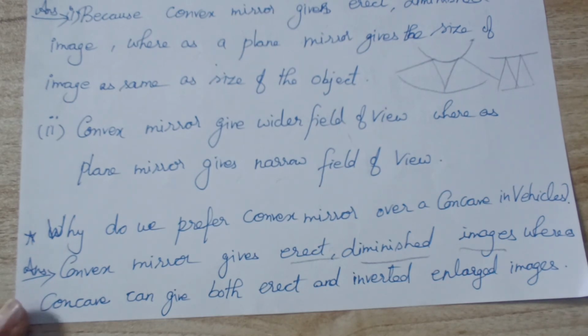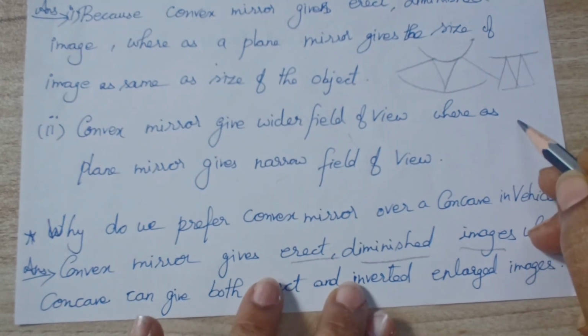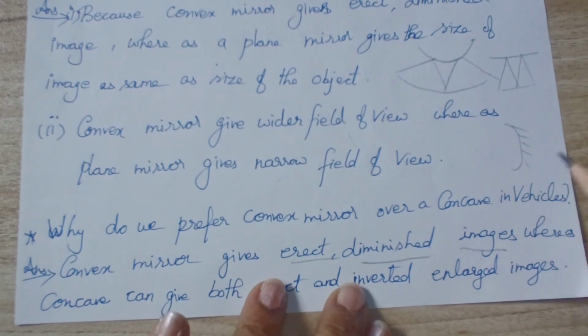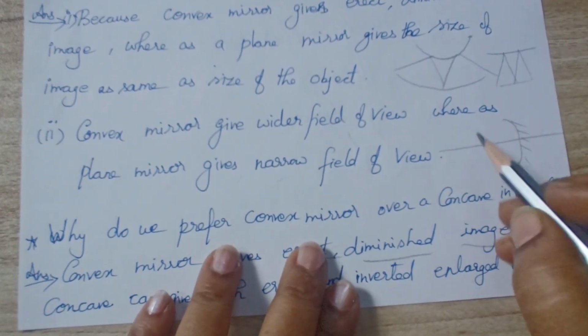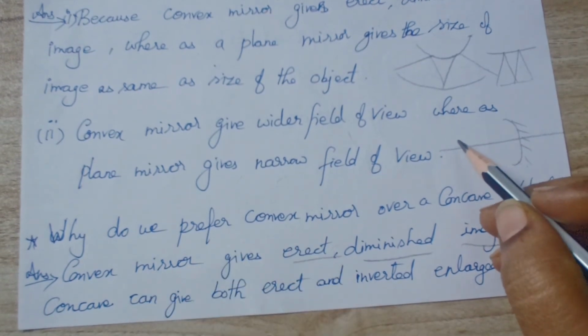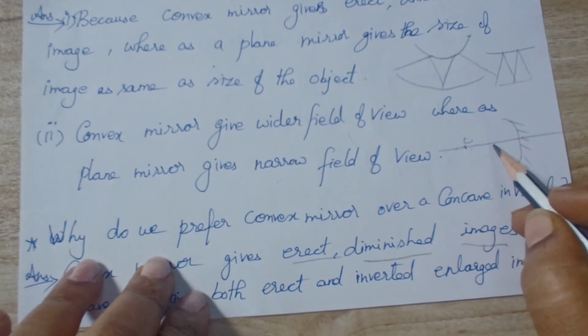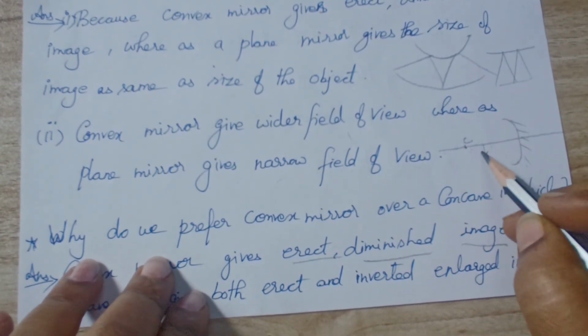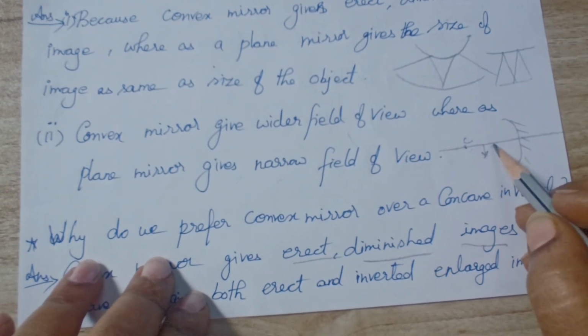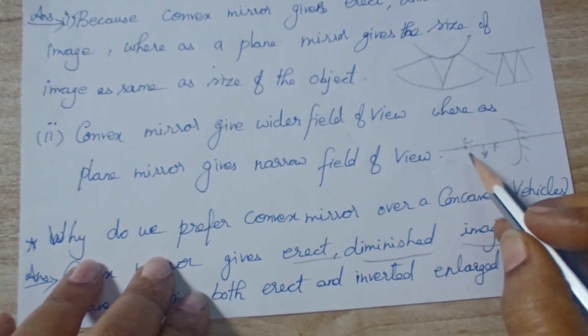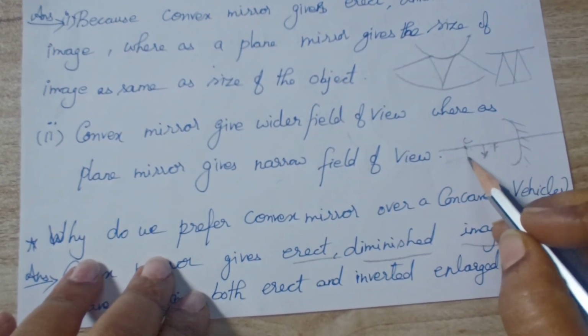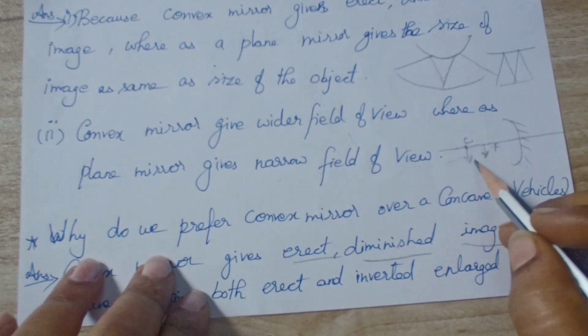But in the case of a concave mirror, you can get erect, inverted, and enlarged images. If the vehicle is behind the center of curvature, you will get a real, inverted image between C and F. When the vehicle is at the center of curvature, you will get a real, inverted image of the same size.